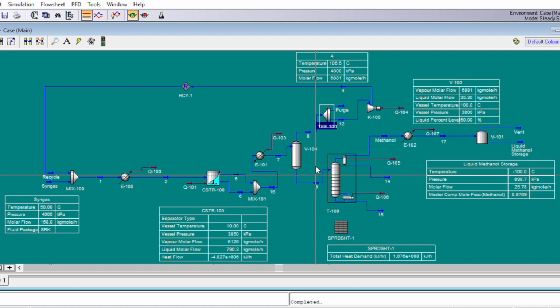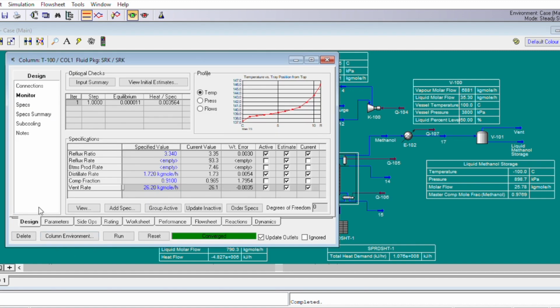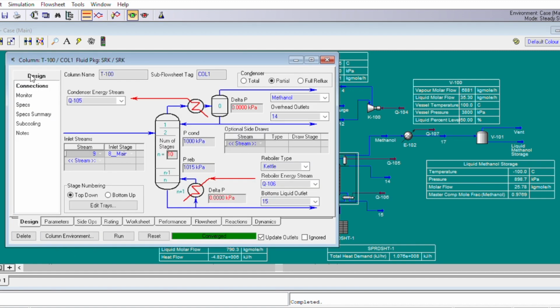The other stream, the liquid from the separator, is connected to the distillation column. Before we use the distillation column, we need to get all the information we need, such as the number of stages. From this shortcut column, we know that the number of stages is 10, the feed stage is 8, the condenser pressure is 1000 kPa, and the reboiler pressure is 1015 kPa.